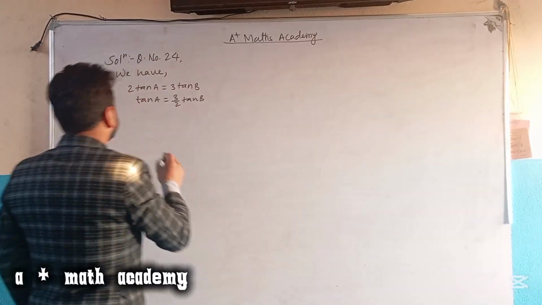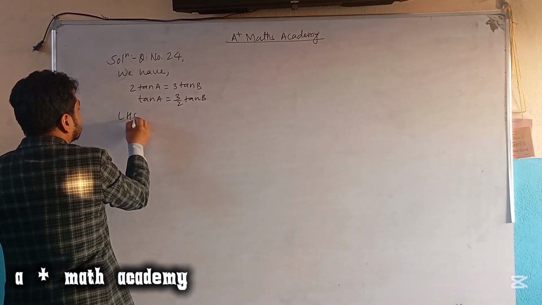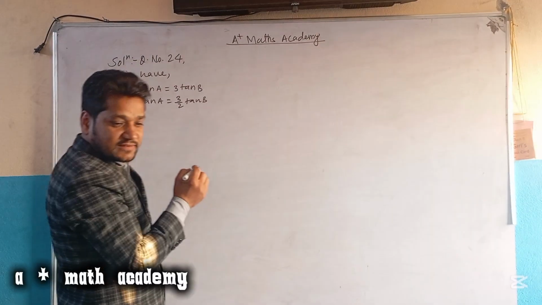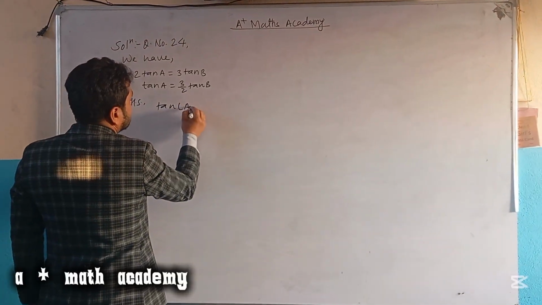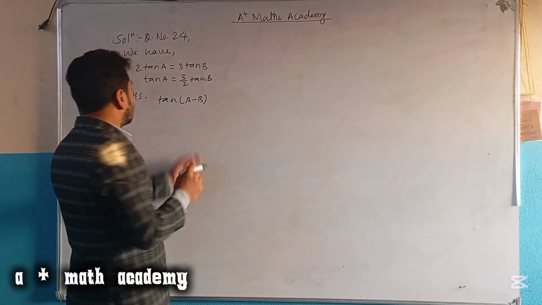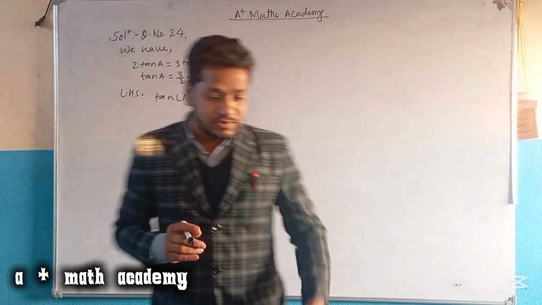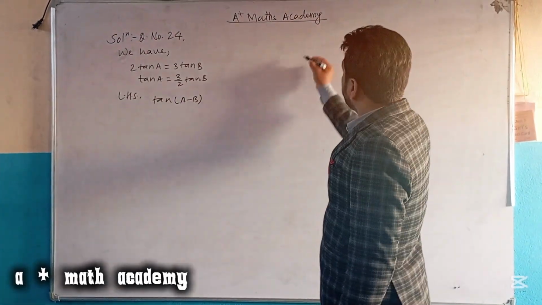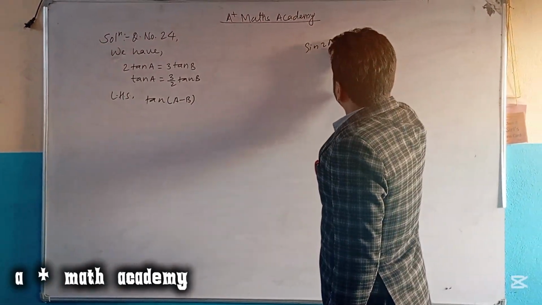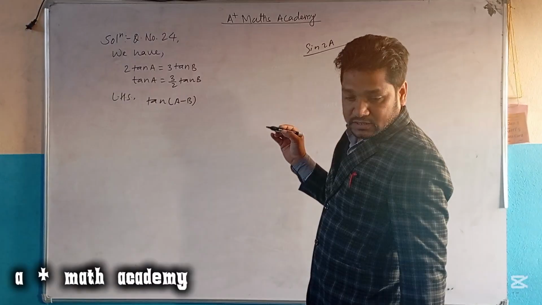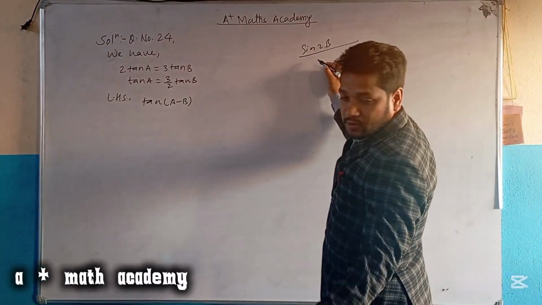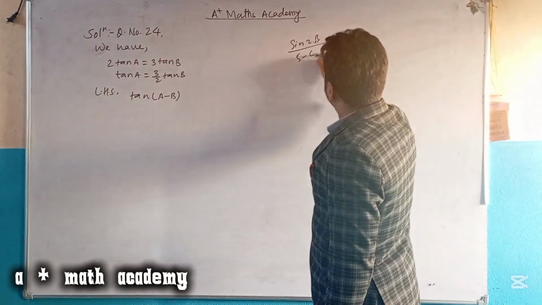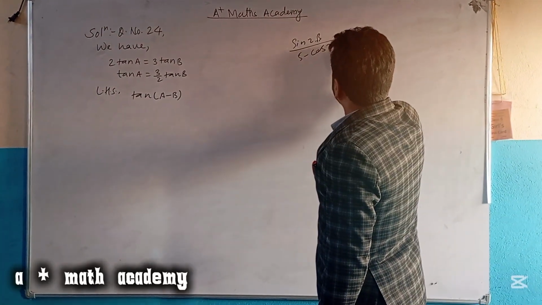and we should prove here the LHS, tan(A minus B). Tan(A minus B) is given. From this tan(A minus B), we have to prove sin 2B upon 5 minus cos 2B.